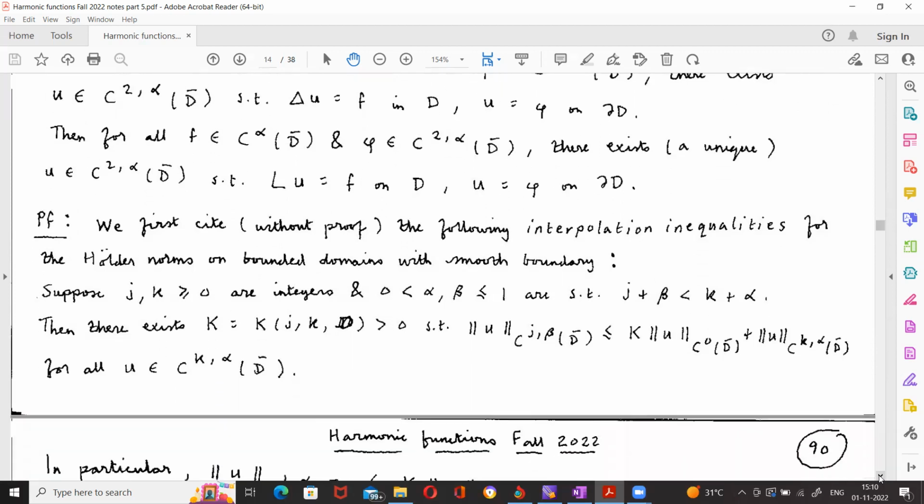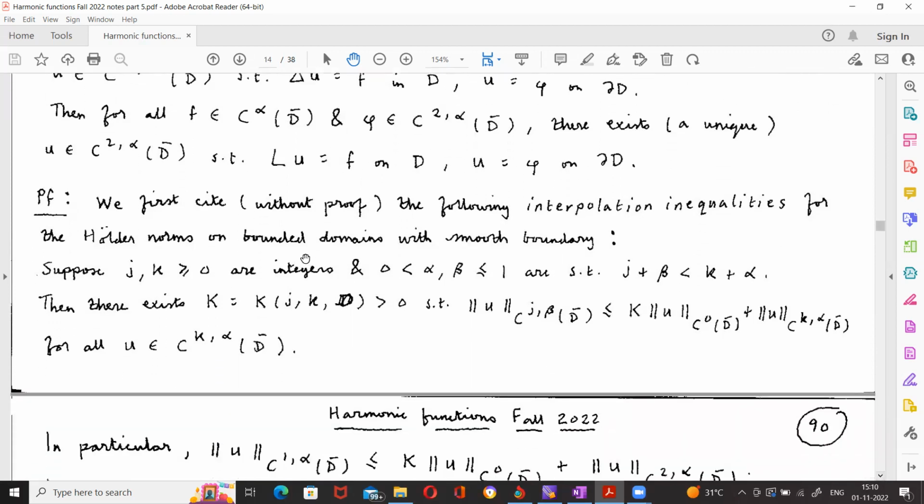So first we cite, again without proof, what are called interpolation inequalities for the Holder norms on bounded domains with smooth boundary. These are going to give the containment relations between the Holder spaces. Suppose J and K are non-negative integers and alpha and beta are in between 0 and 1.